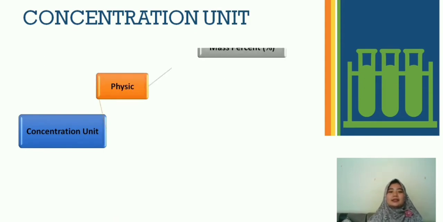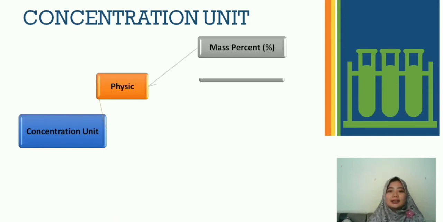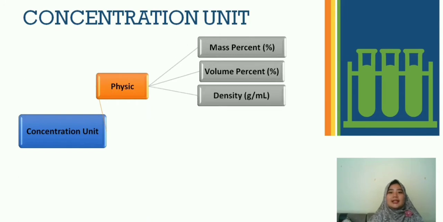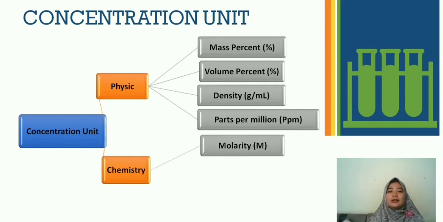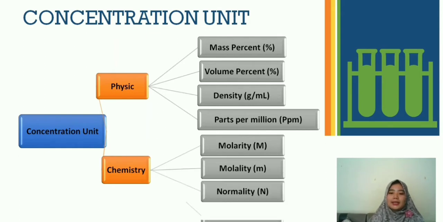In physics, there are mass percent, volume percent, density, and parts per million or ppm. In chemistry, there are molarity, molality, normality, and mole fraction. I will explain the concentration units in physics, and my friend Najla will explain the concentration units in chemistry.